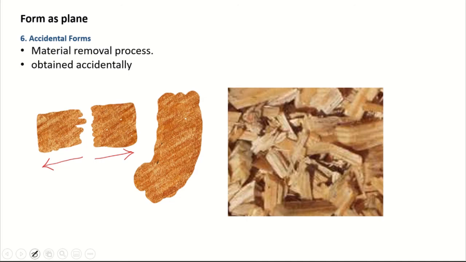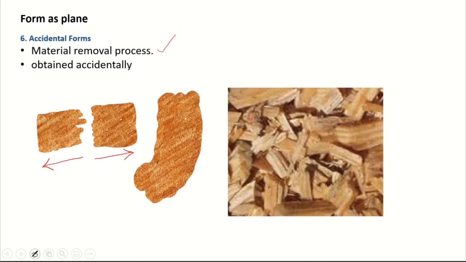When the lathe machine is operating, some sort of material removal is taking place. When the material removal process is taking place, we don't know the exact shape of the chips that are formed during this machining operation. So such a material removal process can be the best example of an accidental form.